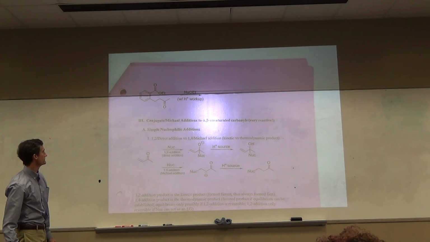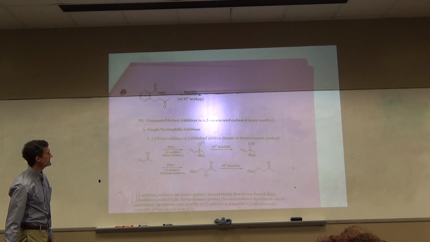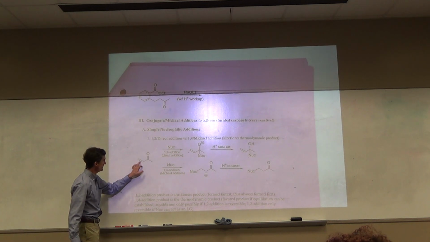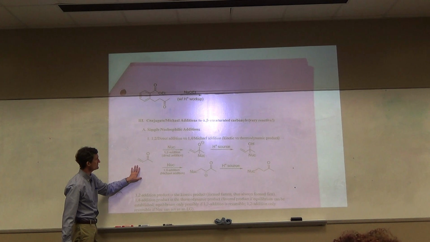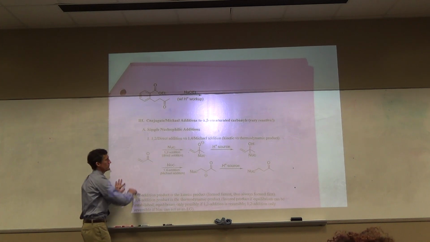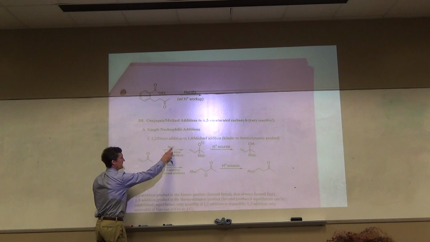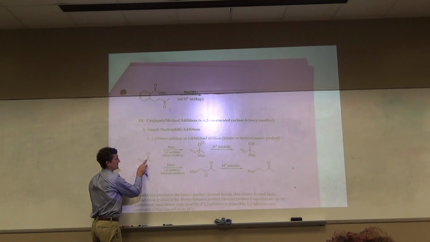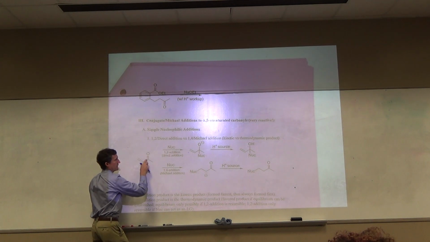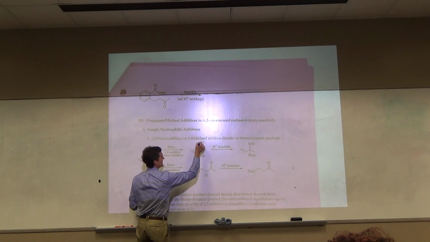Michael reaction. What can we do with alpha, beta-unsaturated carbonyls? We can add nucleophiles to them. Here's one here, an alpha, beta-unsaturated ketone. Now, for many moons we have added nucleophiles to carbonyls. Nucleophile adds to carbonyl, electrons up, and we would get this anion, right?